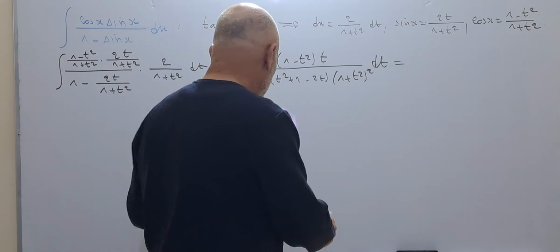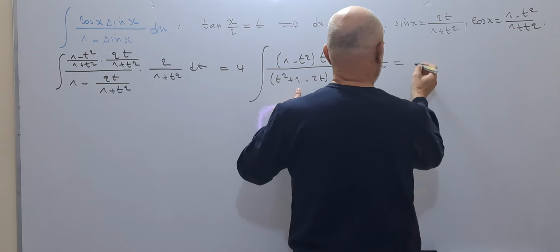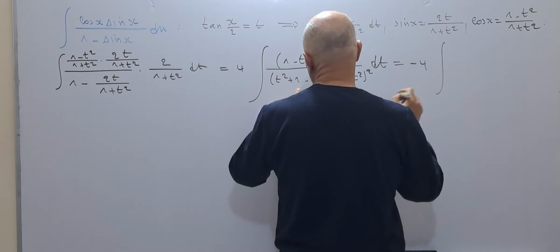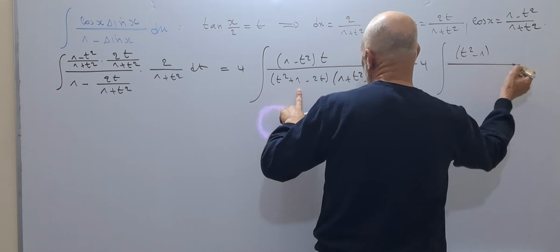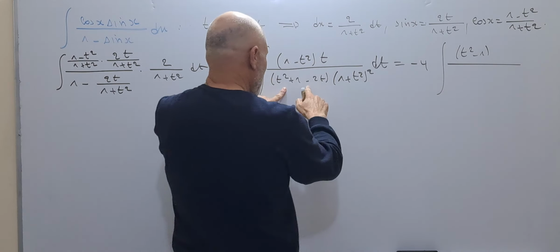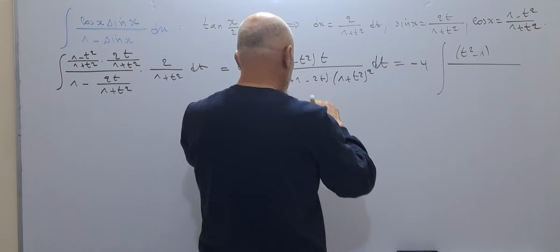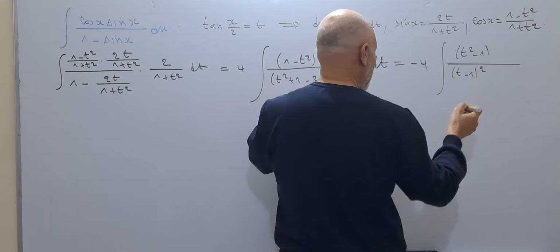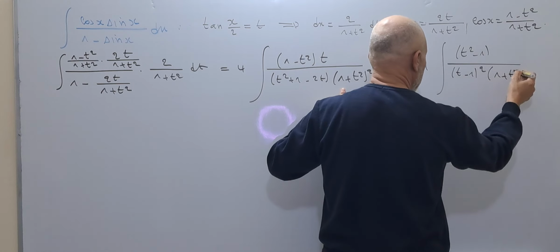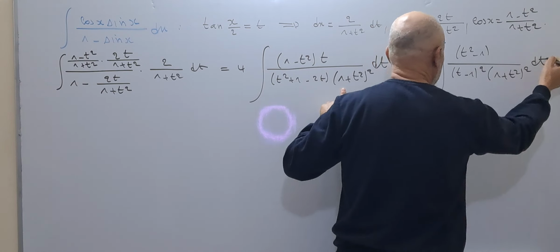This is equal to minus 4 times the integral of t square minus 1 over t square plus 1 minus 2t, which is t minus 1 square times 1 plus t square dt.